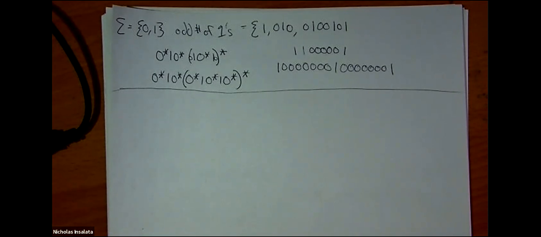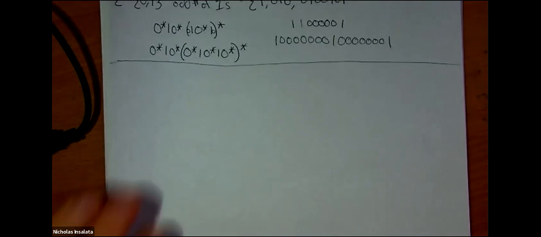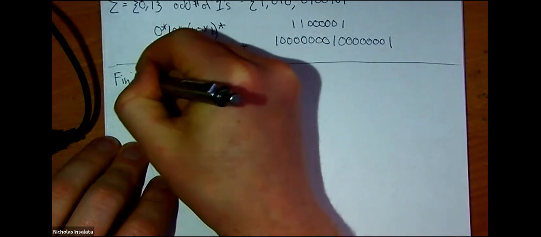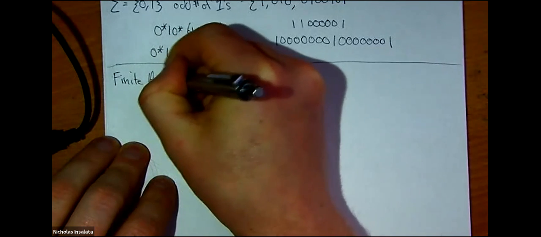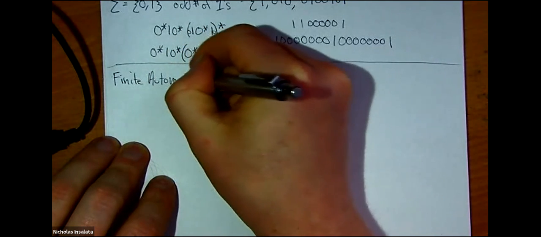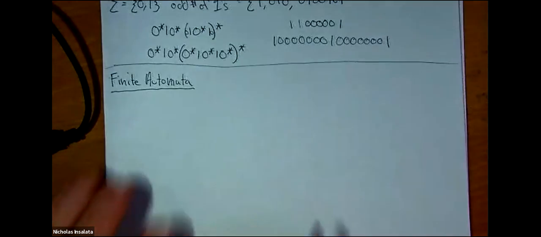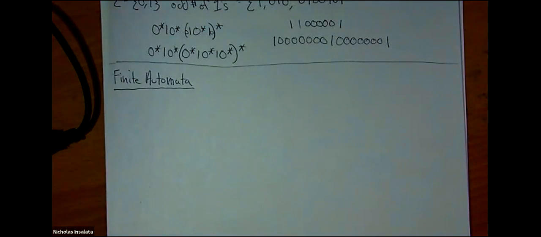So we talked about regular expressions. Next, we're going to talk about finite automata. Now, a finite automaton has 5 parts.